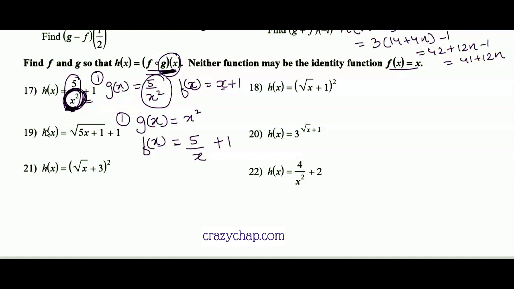This could be another set of answers. We can have other answers also, but right now this is fine. Your first job is to find the g(x) function and then you come to the f(x) function.